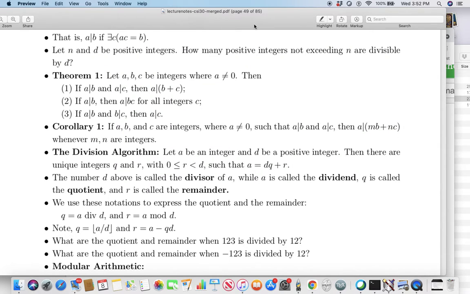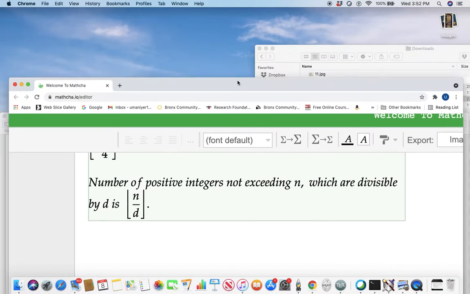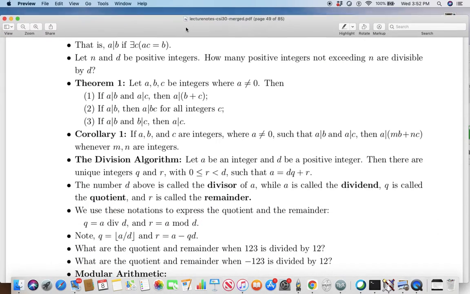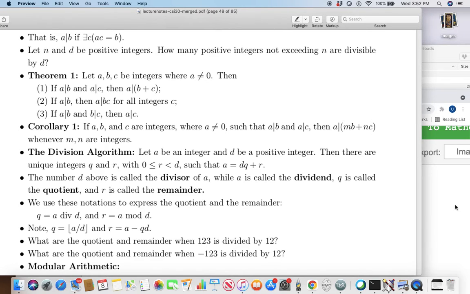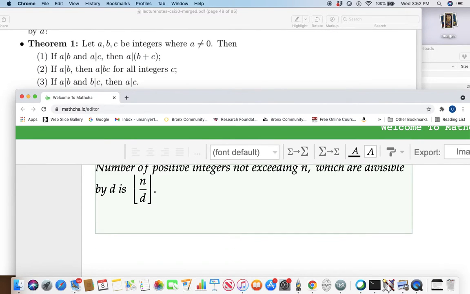Continuing, let A, B, C be integers where A is non-zero, so A is the divisor. Then, if A divides B and A divides C, then A divides B plus C. This is easy to see, okay guys? Look, first part.